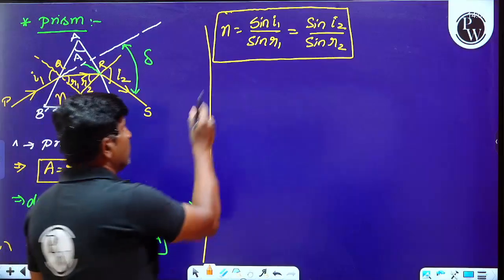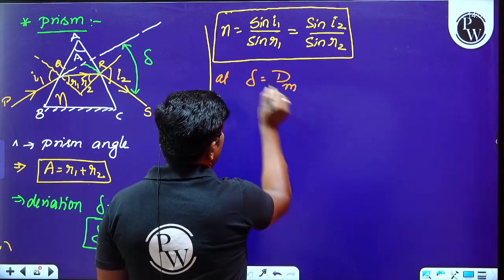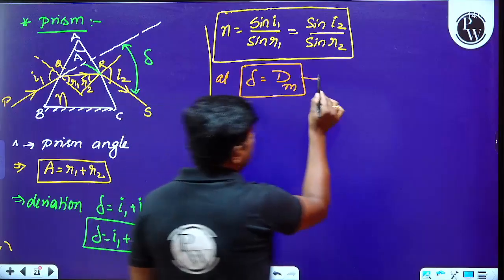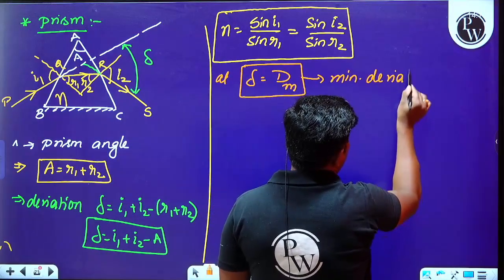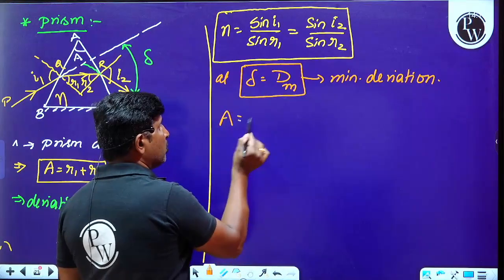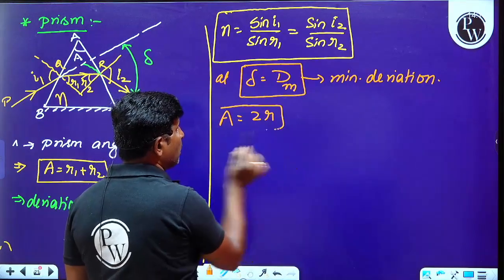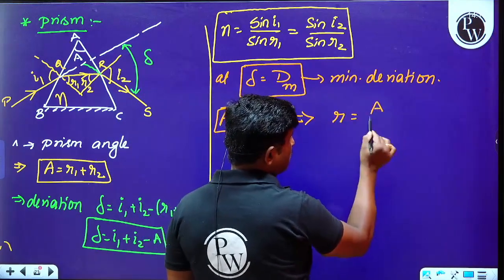Okay. And at deviation equal to minimum deviation, then we can say that capital A is equal to 2R. We have to remember these important results here.